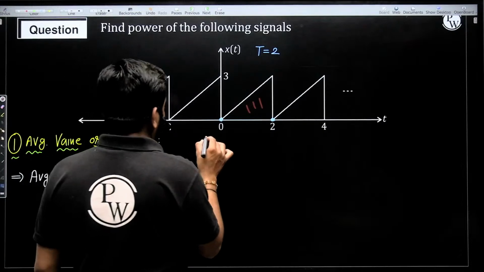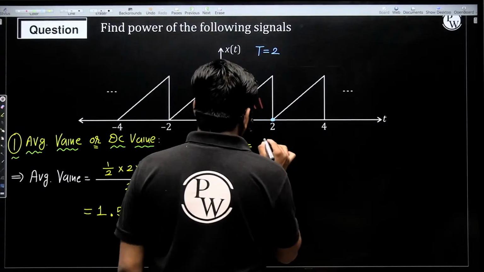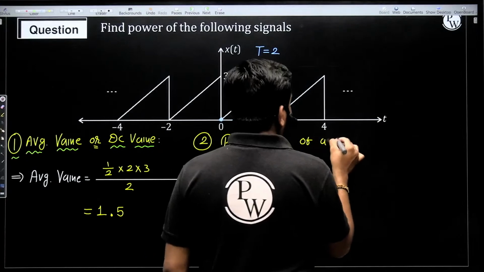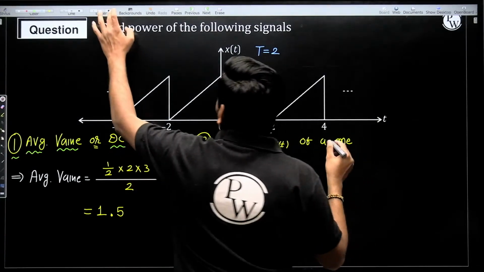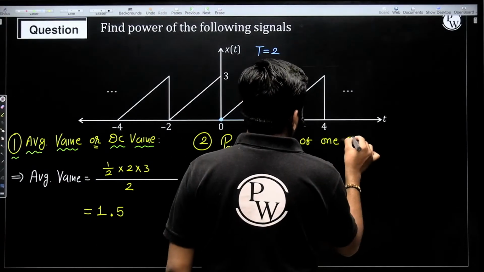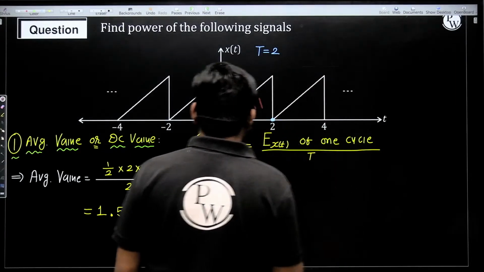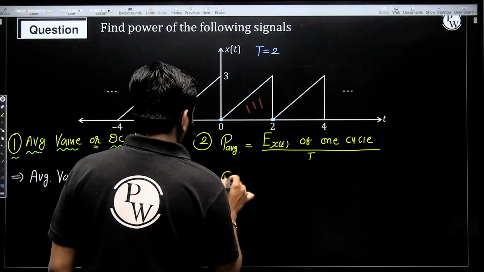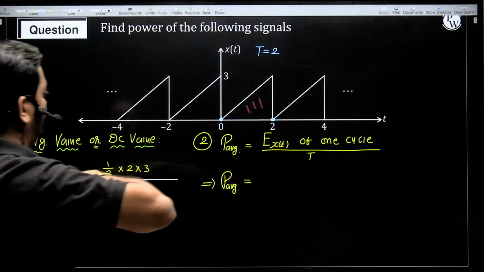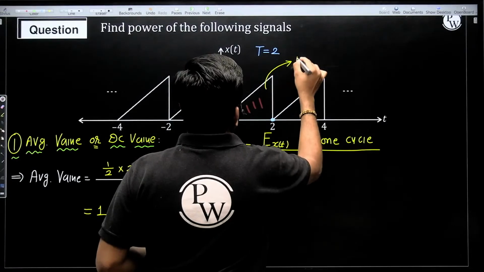Now tell me the average power. The average power is given by energy of x of t of one cycle divided by the fundamental time period capital T. So what is energy here?